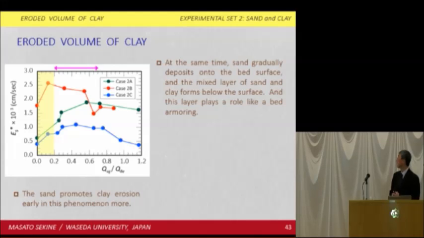At the same time, sand gradually deposits onto the bed surface and a mixed layer of sand and clay forms below the surface. And this layer plays a role like bed armoring.